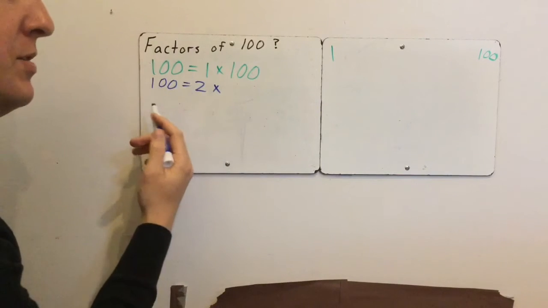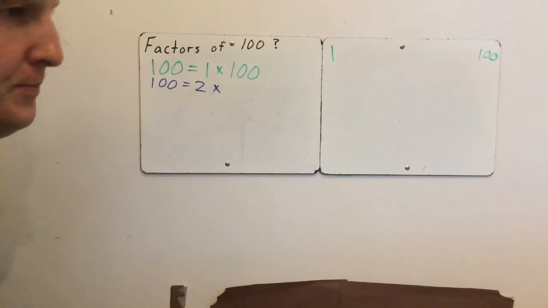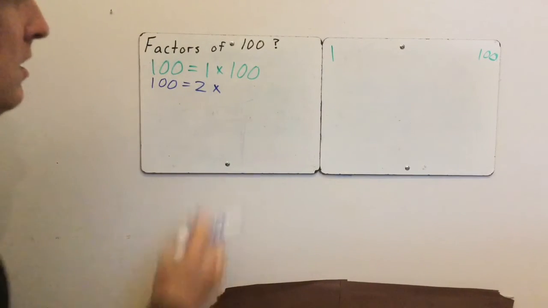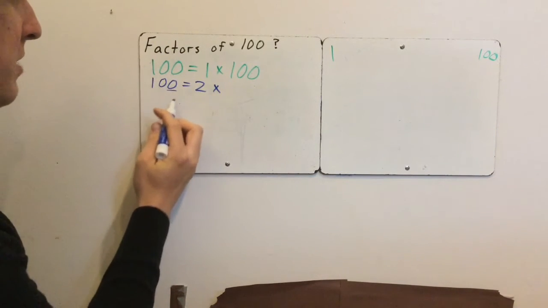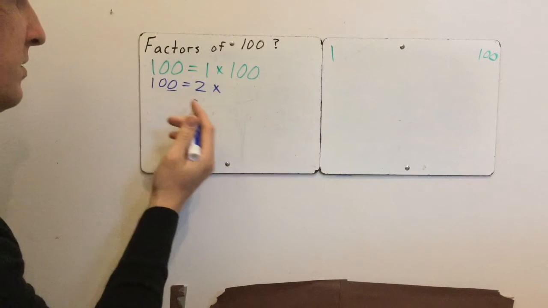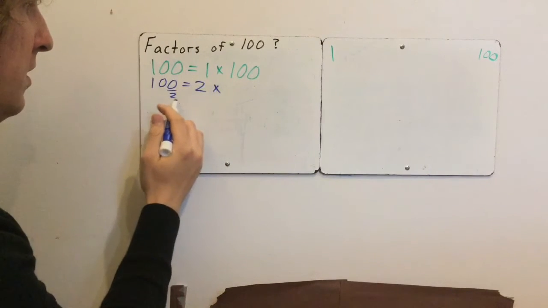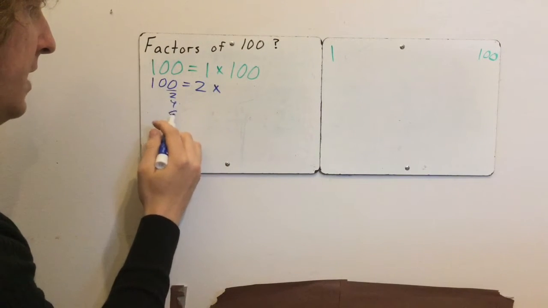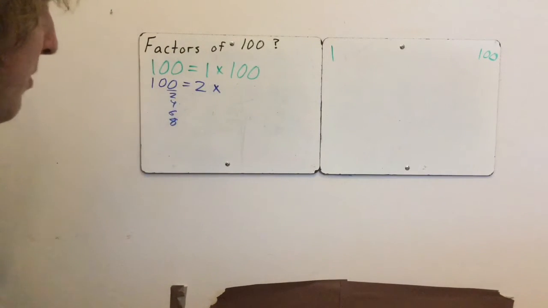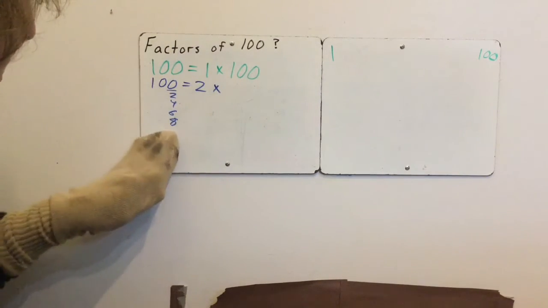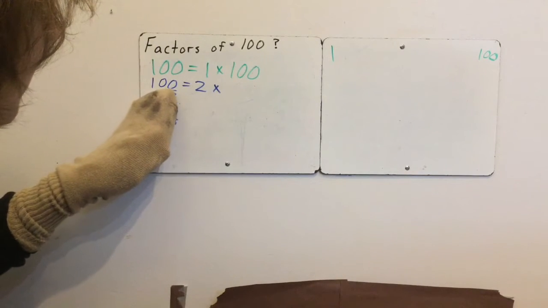Any even number is always divisible by 2. So we always just look to the ones place. And if the ones place in any number has either a 0 or a 2 or a 4 or a 6 or an 8, we know that it's an even number. So, in fact, 100 is even.